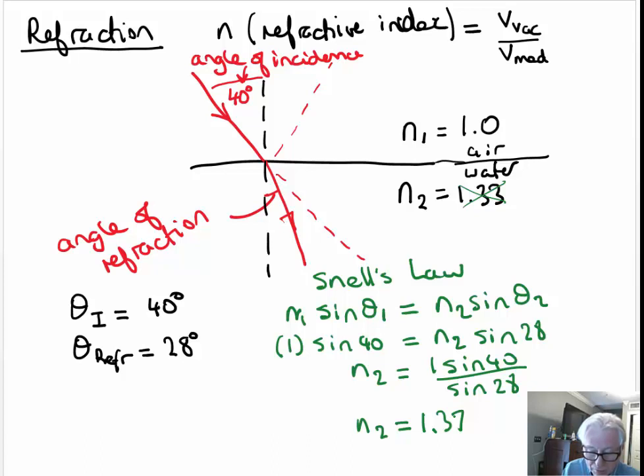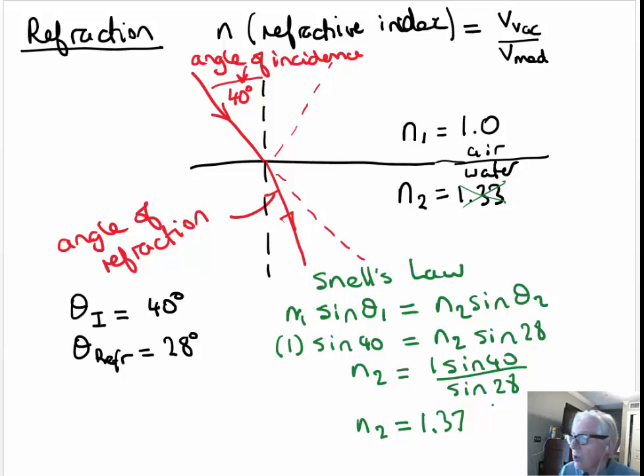Let's just play a game with this. Sine 40 divided by sine, and rather than saying 28, let's say it was 27. Sine 40, enter, divided by sine 27, and I'm at 1.4.